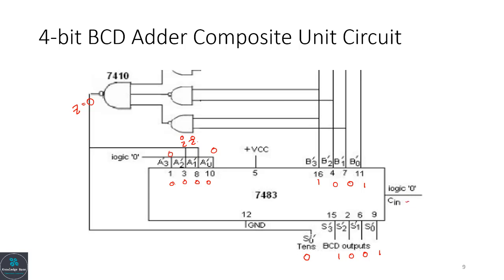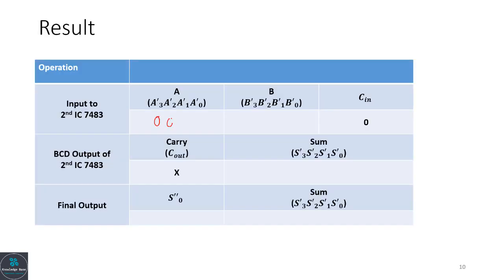Remember, the Cin here is grounded, or at logic 0. So this is the final result. I can write A as 0000 and B as 1001, Cin is 0. Carry out of this 7483 is not needed. The final output is the tens value, which is equal to Z, so I am getting 0, and the summation I am getting from the 7483. So this is my final summation, which is 9.